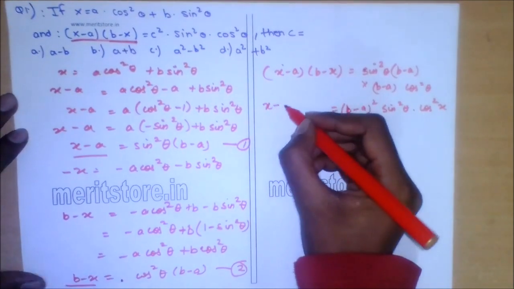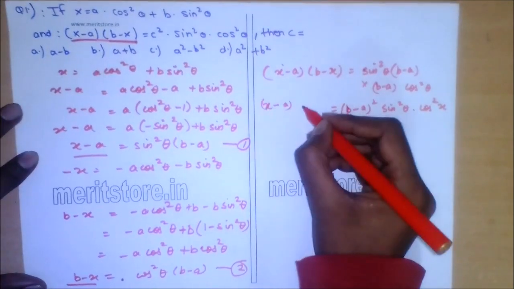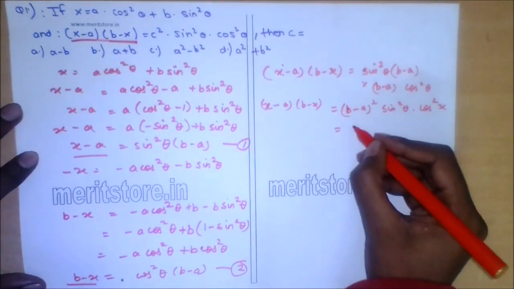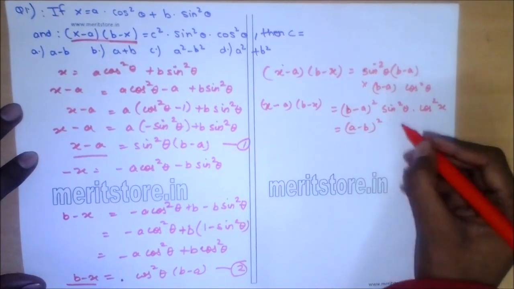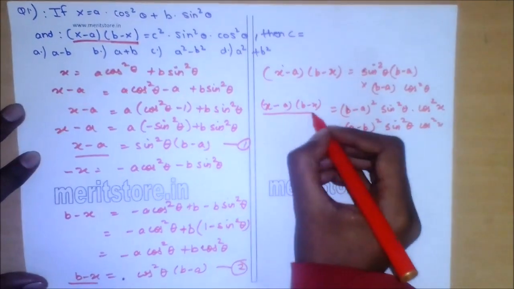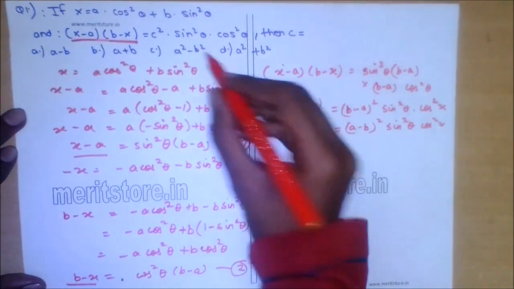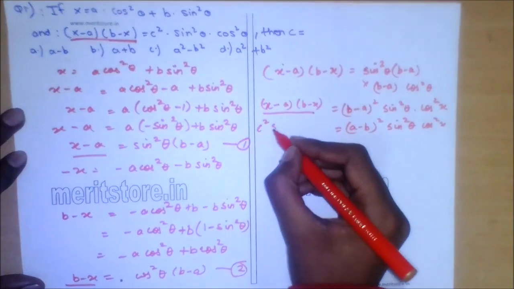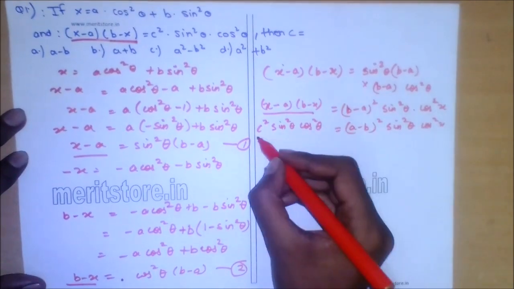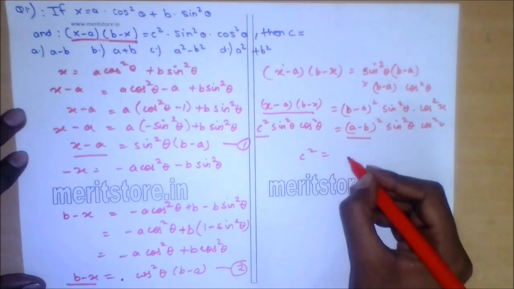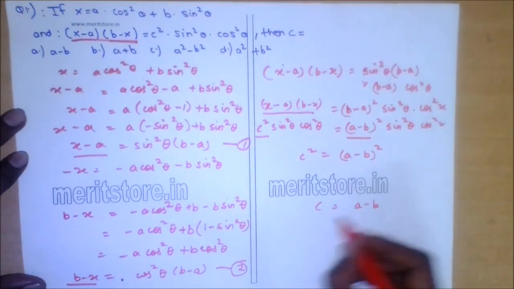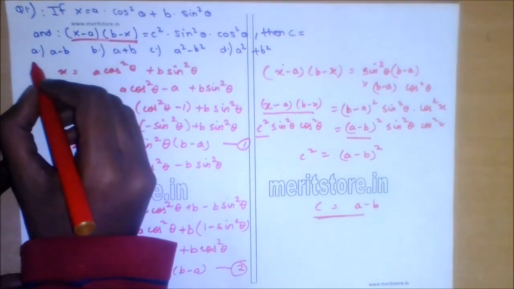This is (x minus a)(b minus x). (b minus a) the whole square is equal to (a minus b) the whole square. But (x minus a)(b minus x) is c square sin square theta cos square theta. So comparing the LHS and RHS, we can say c square equals (a minus b) the whole square. That is, c equals a minus b. So the correct answer is option A.